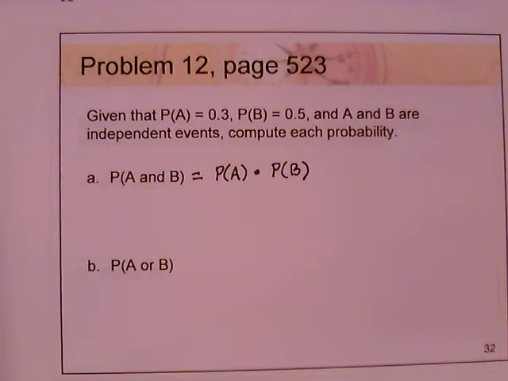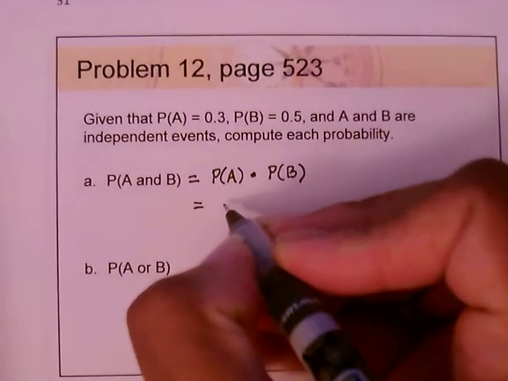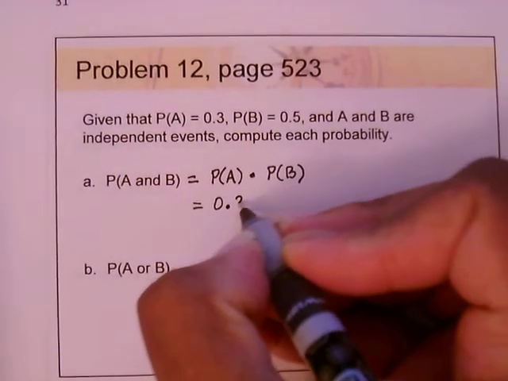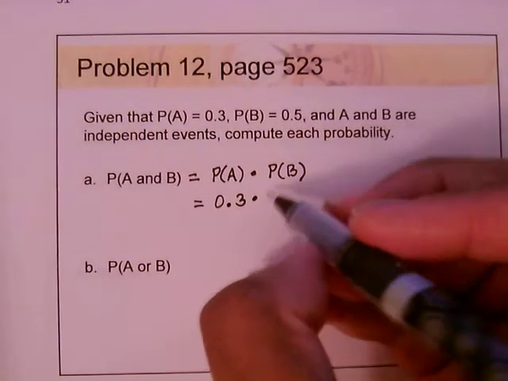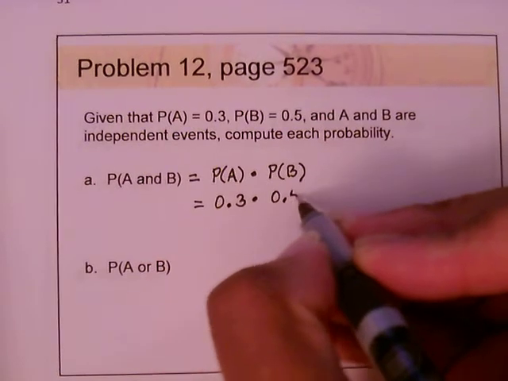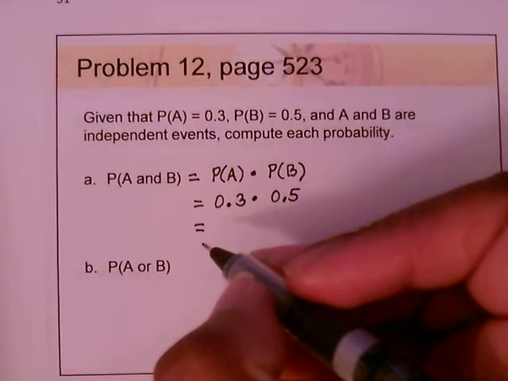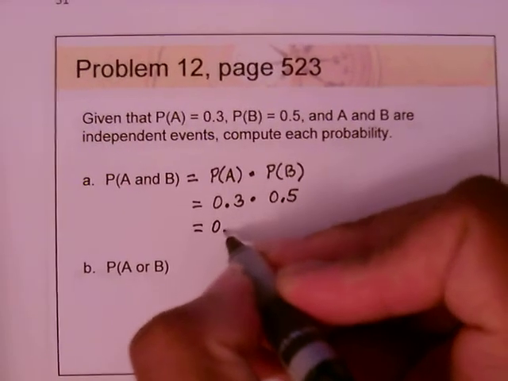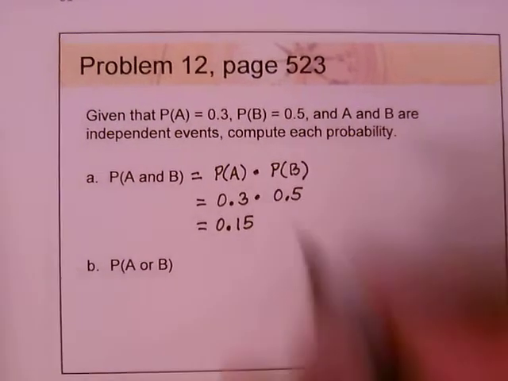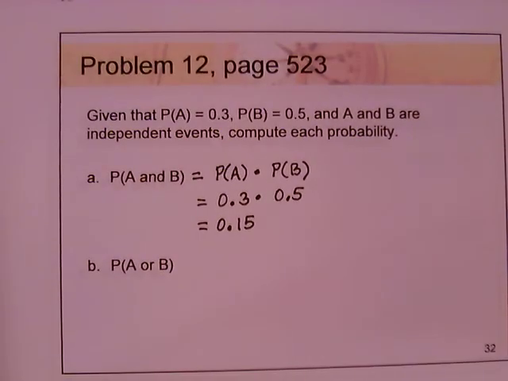So in this case here, the probability of A was 0.3 times the probability of B, that's 0.5. Multiply 0.3 times 0.5, you're going to get 0.15. So 0.15 represents the probability of event A and B.